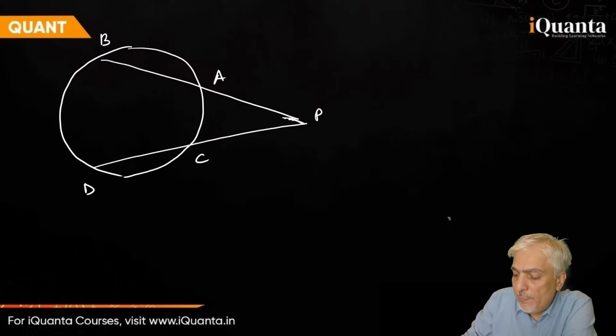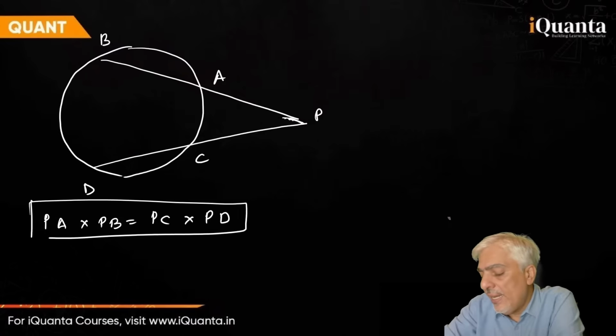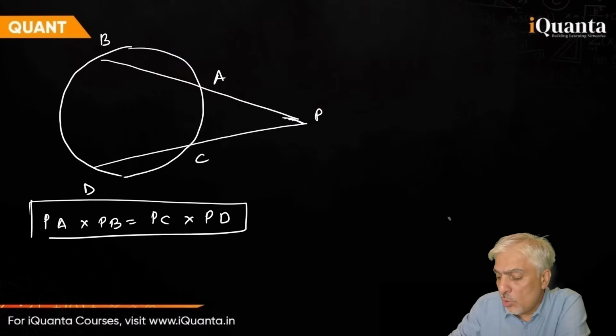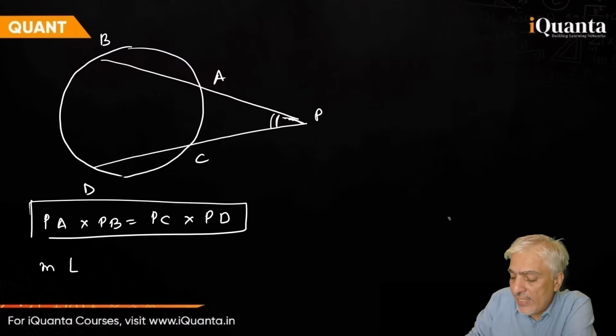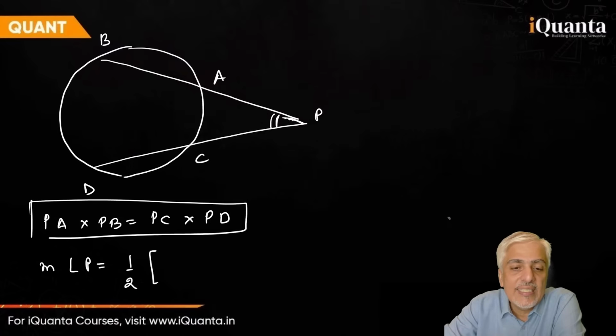So one property will be PA into PB will be PC into PD. PA into PB is equal to PC into PD when chords meet outside. This property most of the students know. One property which most of the students miss out is the angle property. Measure angle P is half of the difference of the two arcs it intercepts.